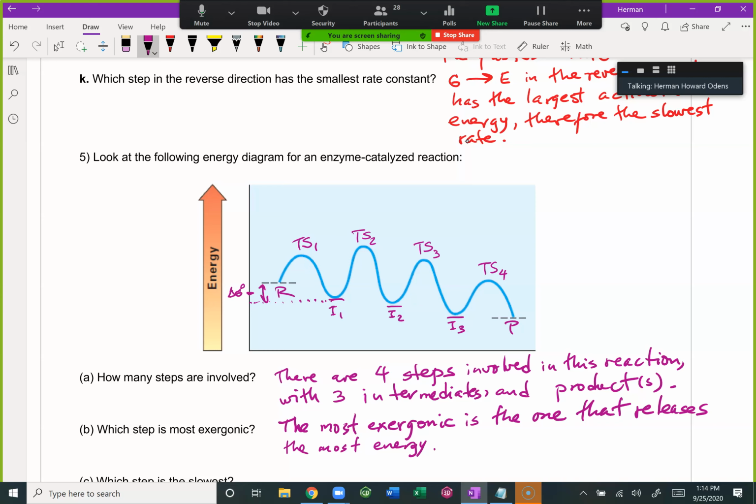So therefore, the first step is the most exergonic. All right.